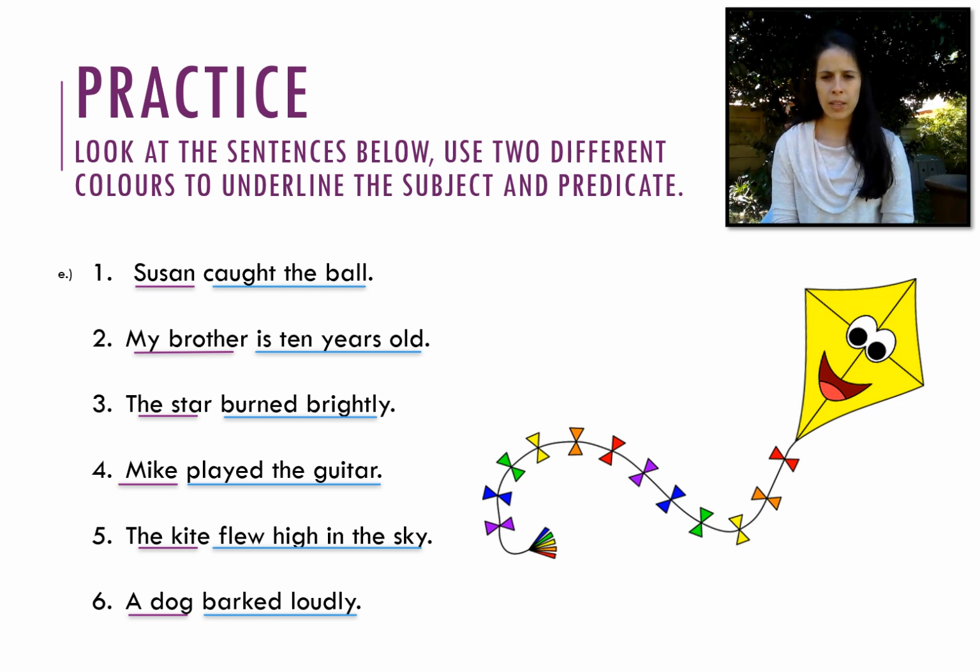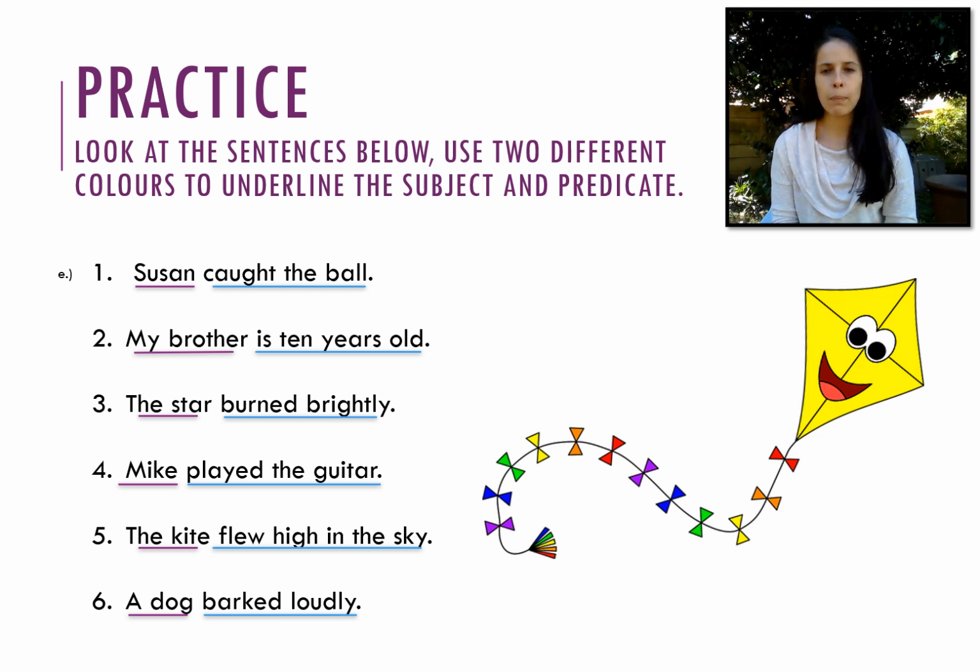Number 2, my brother is 10 years old. The subject is my brother and the predicate is 10 years old. I include my in the subject because it's specific, I'm not talking about anyone's brother, I'm talking about my brother, so it's included in the subject. Number 3, the star burned brightly. The star is my subject and burned brightly is the predicate.